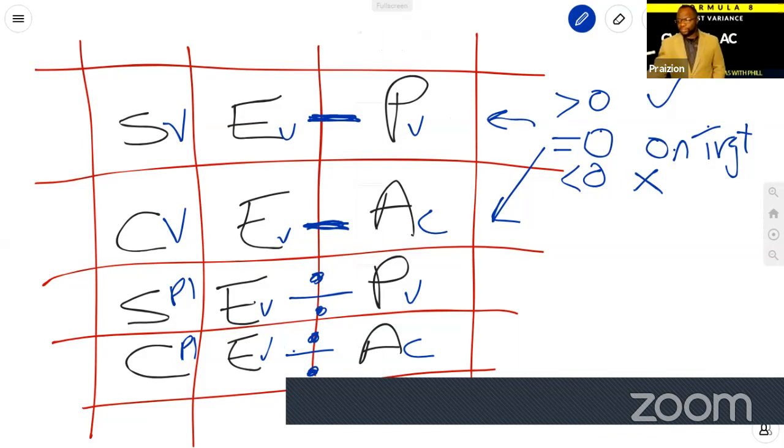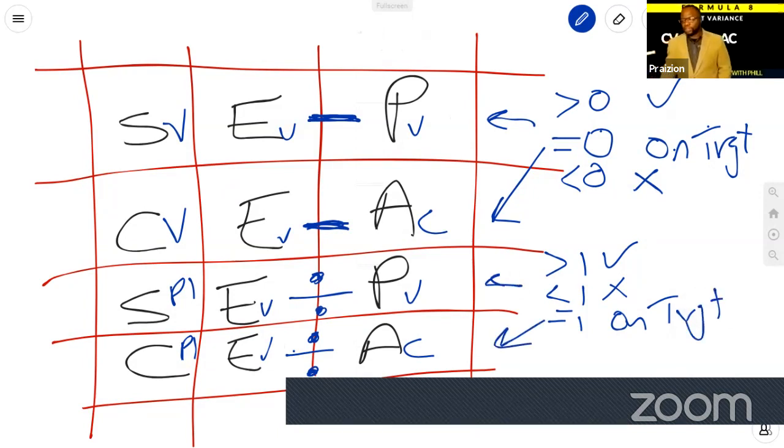In terms of the indices, greater than 1 is good, less than 1 is bad, equal to 1 is on target. And that's it. So that's an easy way you can remember these basic ones.